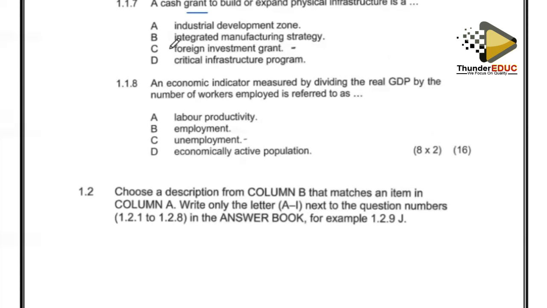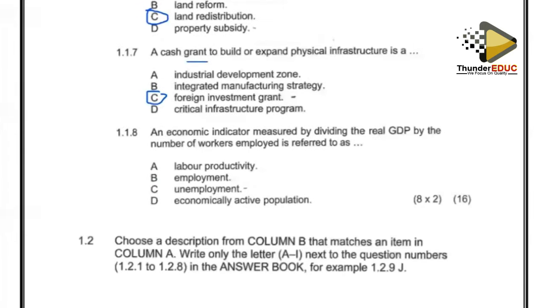So in this regard, our appropriate answer is going to be C. Sorry, this is supposed to be D, which is critical infrastructure program.